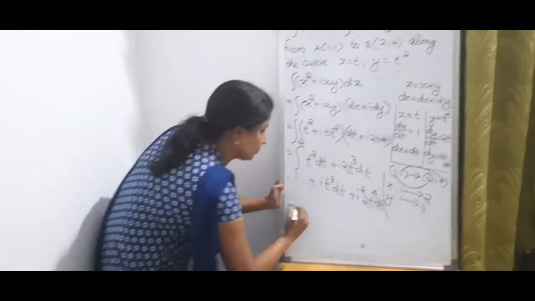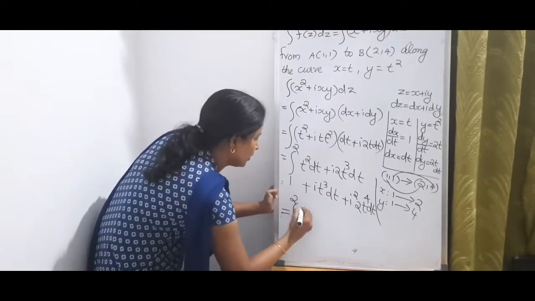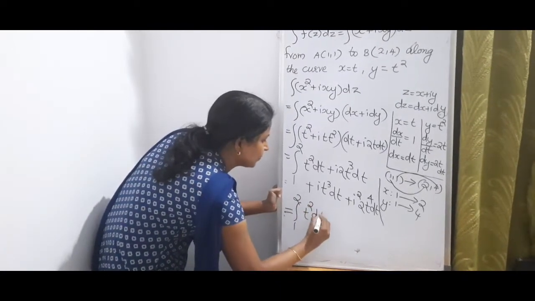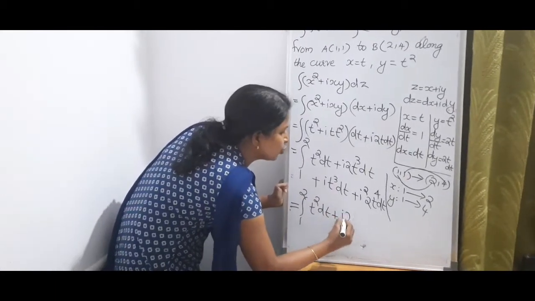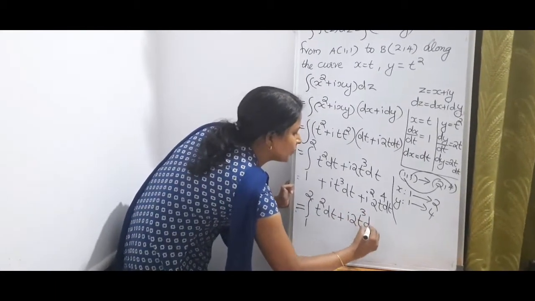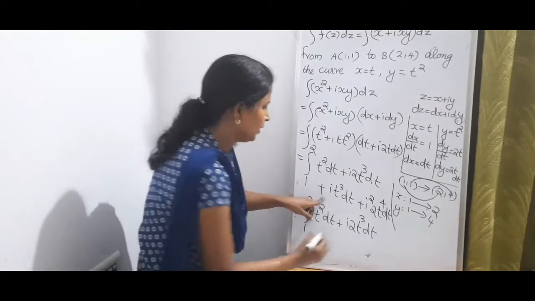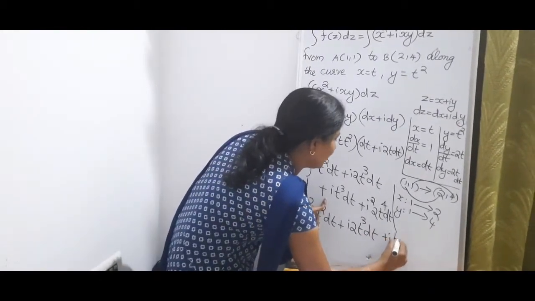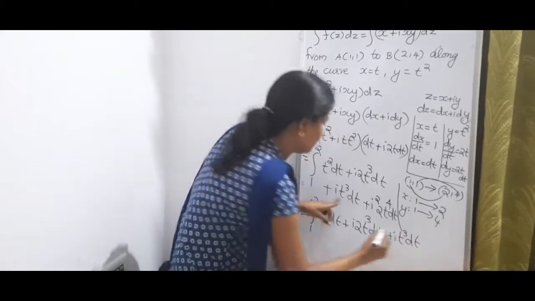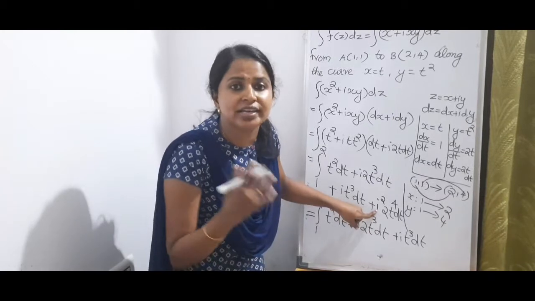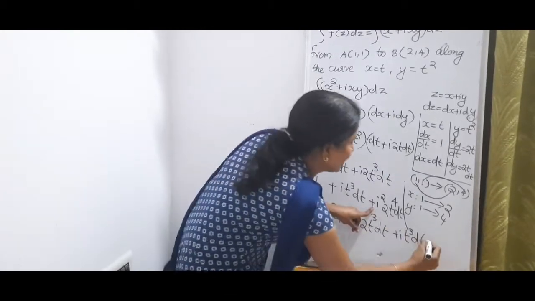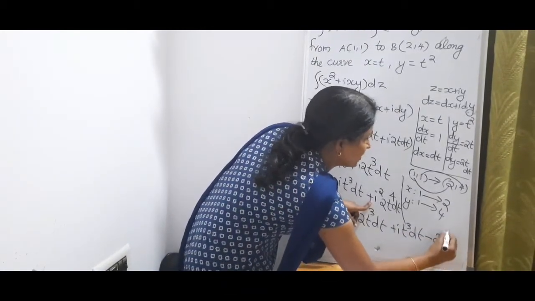That is equal to the integral from 1 to 2 of t square dt plus 2i t cube dt, plus i t cube dt. Here i square is minus 1, we know that, so minus 2 t raised to 4 dt.